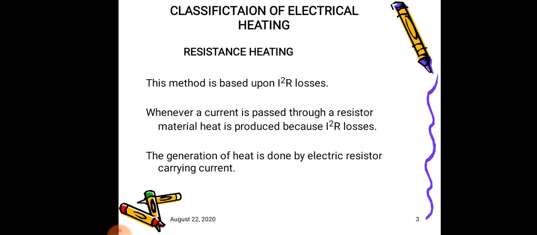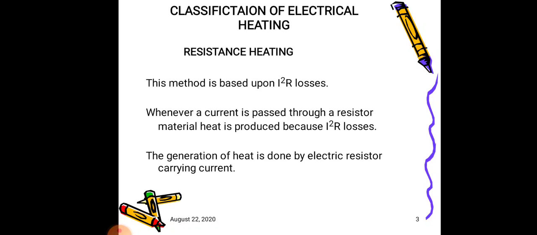In this method, electric current is passed through the body to be heated. Whenever a current is passed through a resistor material, heat is produced because I square R losses are created. The generation of heat is done by electric resistor carrying current which is flowing through the conductor.